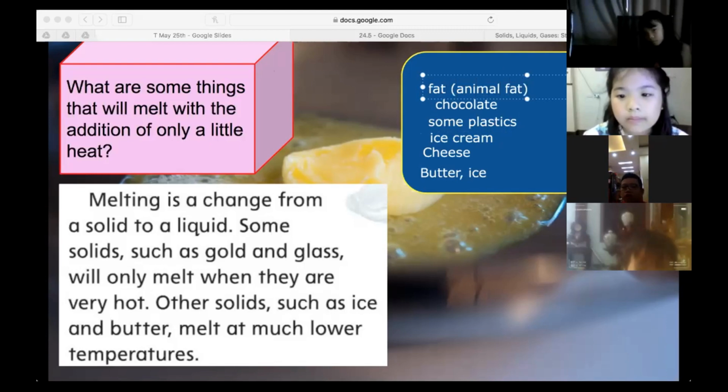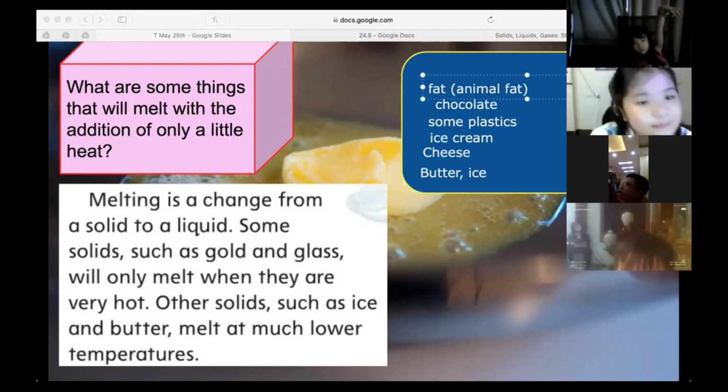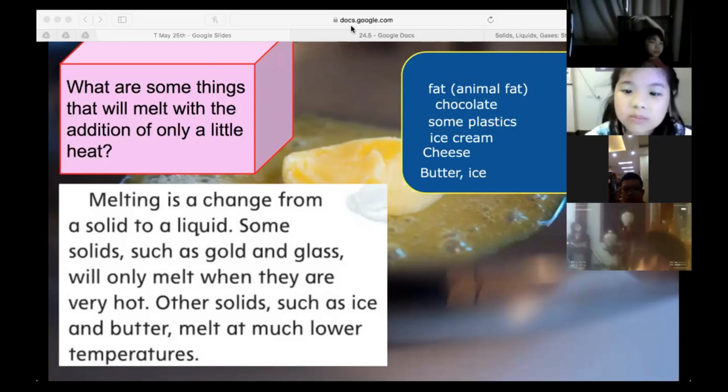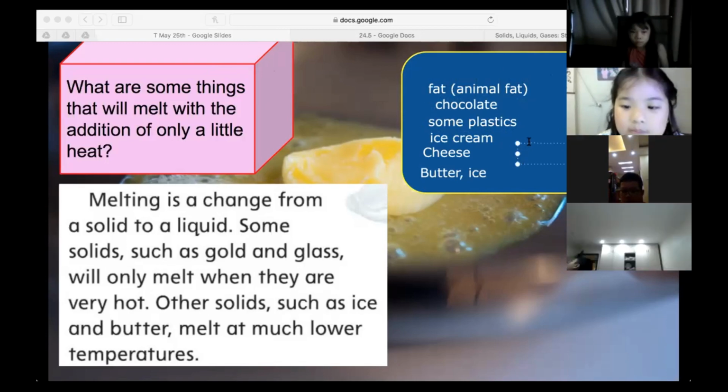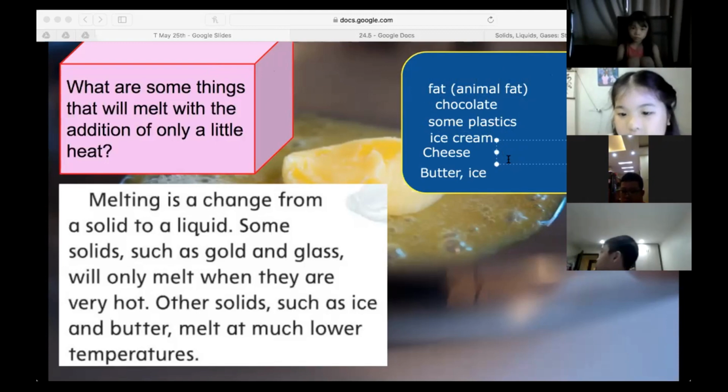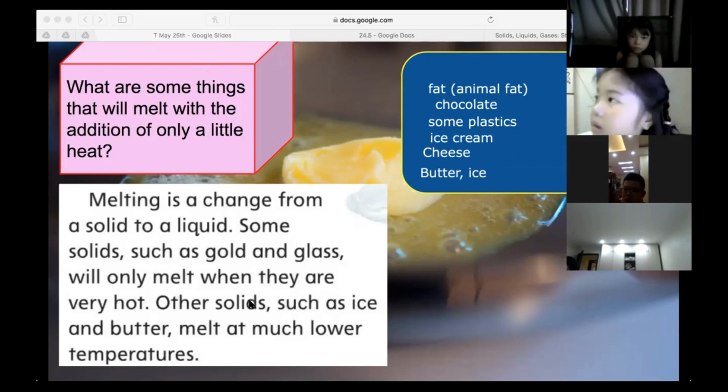We saw that in Bunny's video. It can melt pretty quickly. Puppy, do you have one? Paper. Not paper, because paper doesn't really melt. Paper just burns and turns into ash. That's more of a chemical change, right? When we add heat to paper, that's a chemical change, not a physical change of the state.